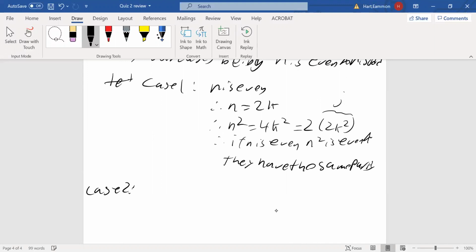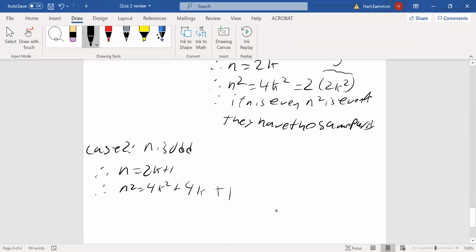Let's start this farther over so I have more room to work here. And the other case, n is odd. Therefore, n is equal to 2k plus 1. Therefore, n squared is equal to 4k squared plus 4k plus 1.